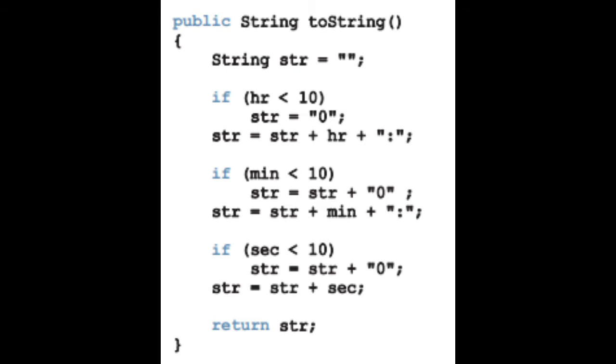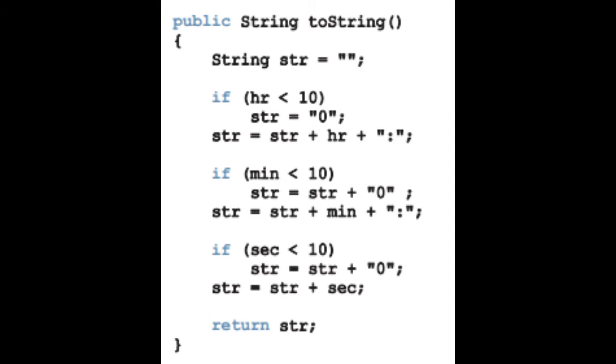The preceding definition of the method toString must be included in the class Clock. In fact, after including the method toString in the class Clock, we can remove the method printTime. If the values of the instance variables hr, min, and sec of myClock are 8, 25, and 56 respectively, then the output of the statement System.out.println(myClock) is 08:25:56.